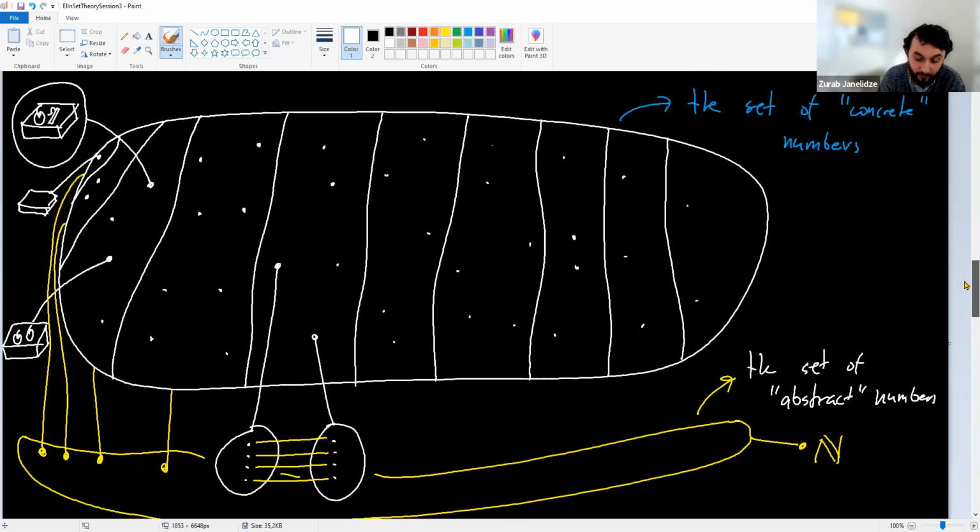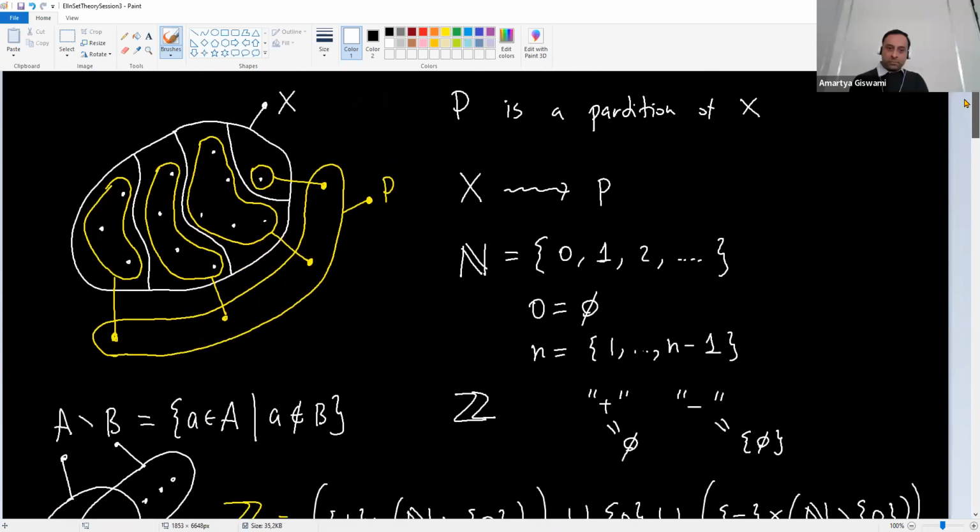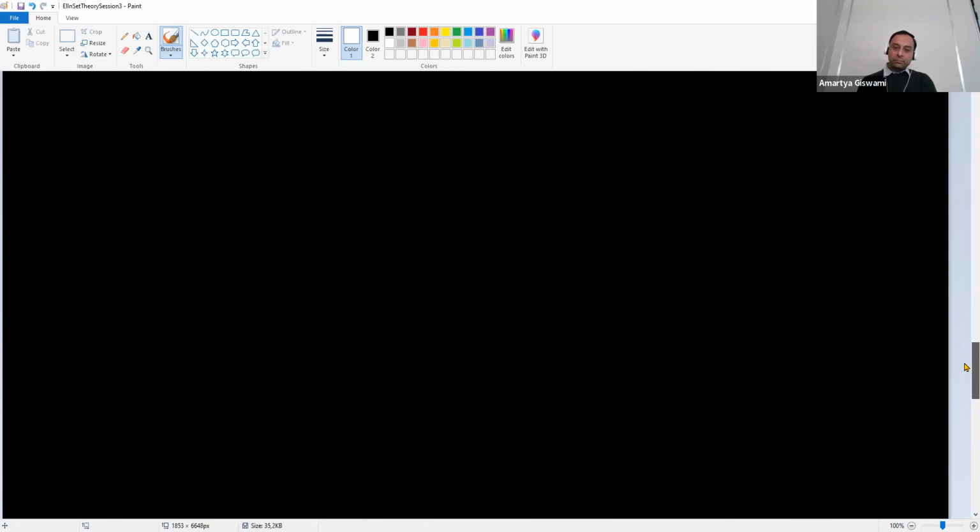That's the story of applying partitions in building number systems and other things like that. But there is also a very impressive application of partitions in building spaces.